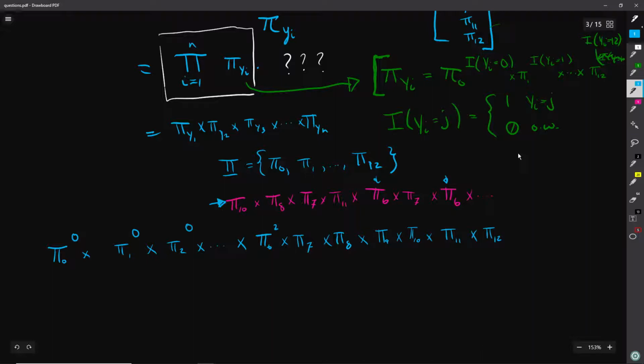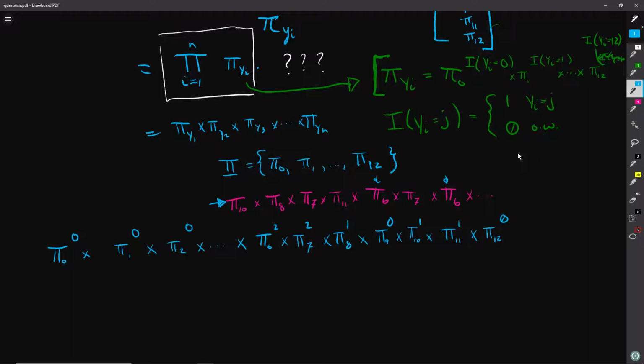Pi 7 has 2 observations. Pi 8 has 1. Pi 9 wasn't anywhere, so that's a 0. Pi 10 has 1, and pi 11 has 1. And pi 12 has 0. So throughout the first 7, just by putting exponents on these values, we can represent the first 7 products.